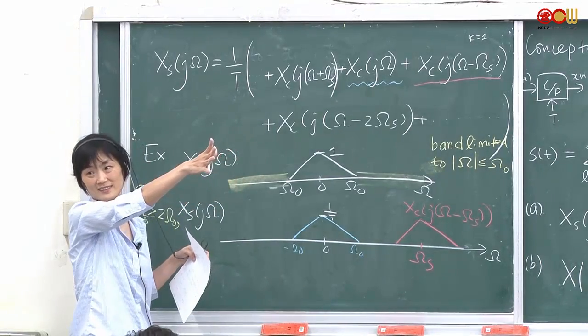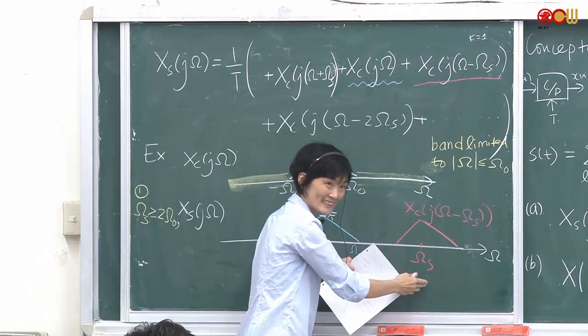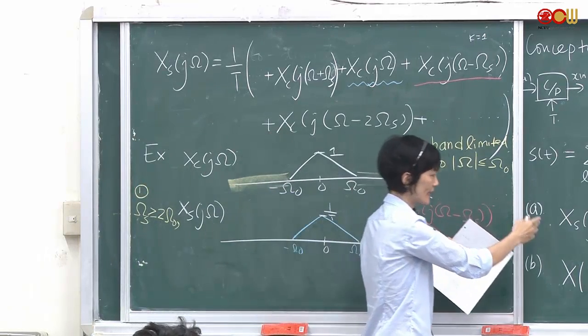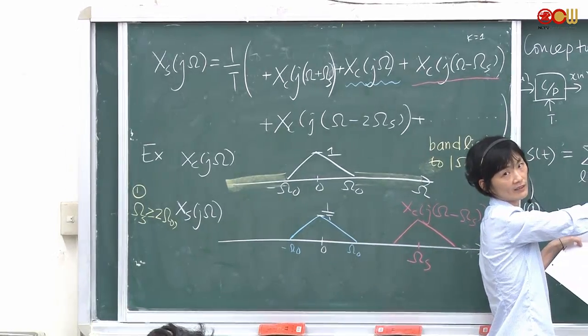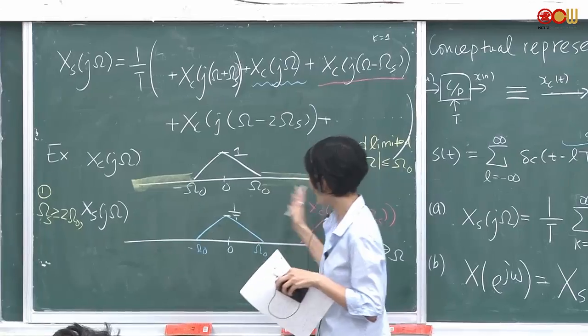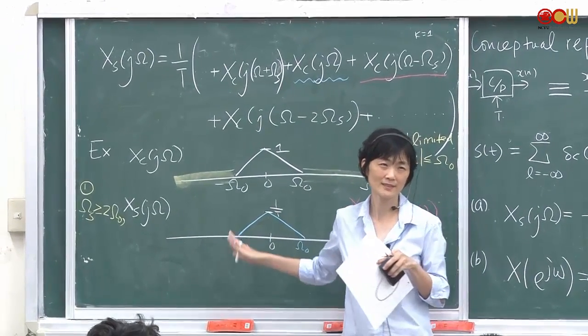We continue on like this: one copy at ω_s, another copy at 2ω_s, another at 3ω_s, continuing on and on. And how about the other side? Do we have something on the other side as well?